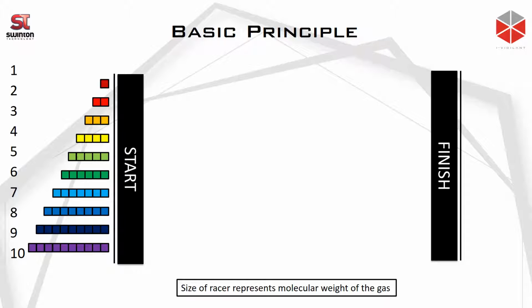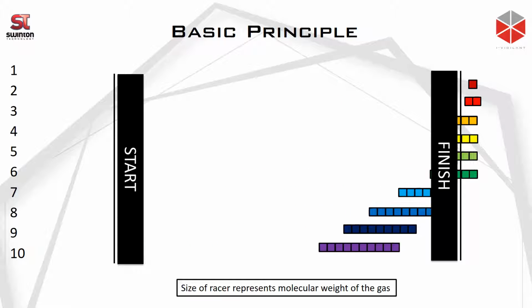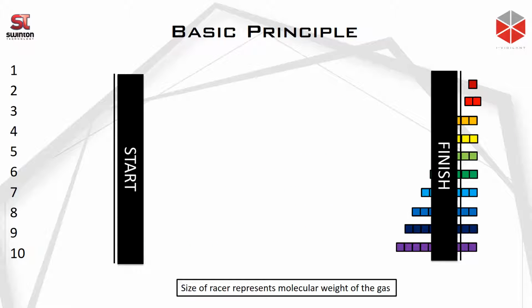Let's say the weight of the driver is represented by the size of each individual racer, which is pretty much the molecular weight of the gas itself. So logically, when we have a straight line race, the lightest racer will go the fastest, and the racer with the most weight will go last. The simulation will go like that: the lightest one will go first, and the heaviest one will finish last, basically.